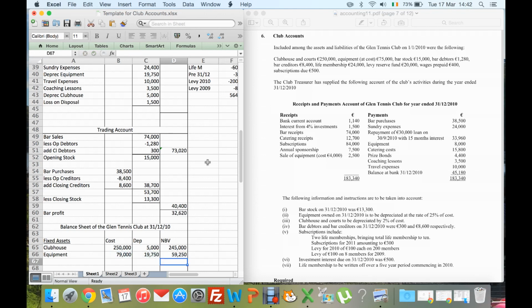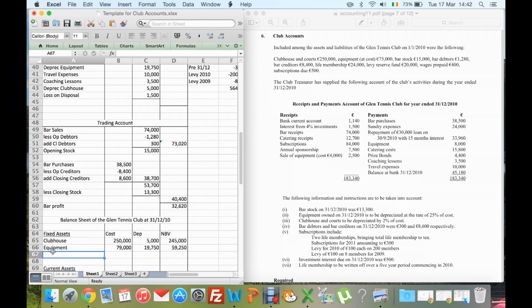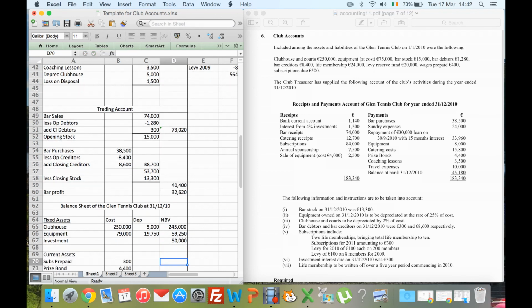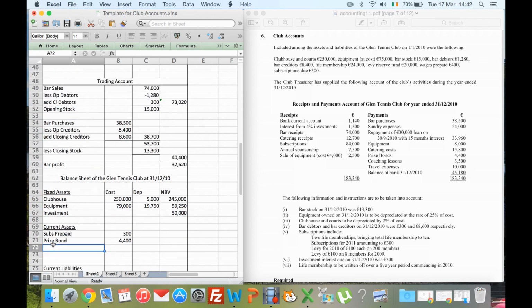And we know that we have an investment, and the investment we worked out in our opening accumulated fund was 50 grand. Okay, so current assets will have bar stock, which is 13.3.